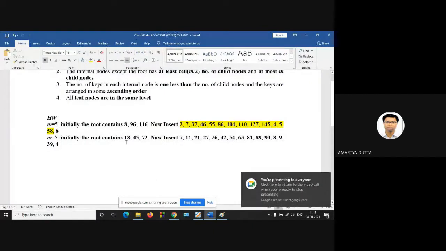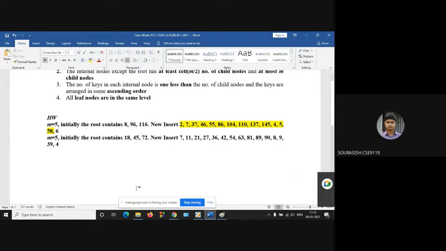So what will be the new root? Any idea? So will it be 36?